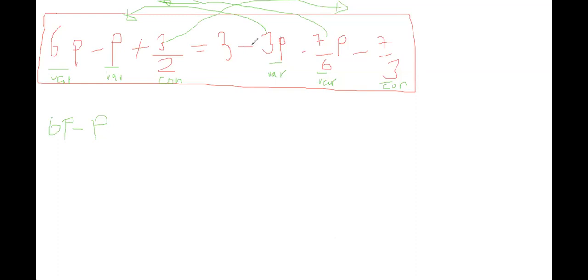Remember, the sign is minus. So if it's transferring, crossing this equals sign, then we have to change the sign. So here it will be plus 3p.